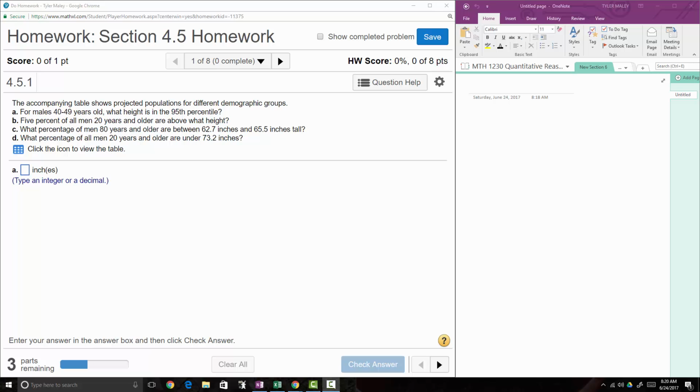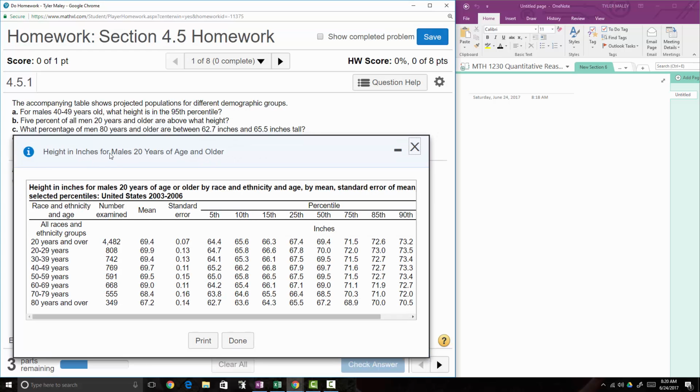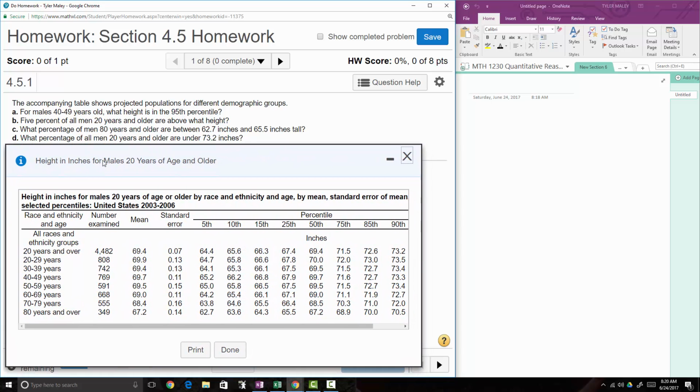For part A, it says for males 40 to 49 years old, what height is in the 95th percentile? So we need to click this icon and pull up the table, and I'm going to make notes off to the side so we can make sense of it.